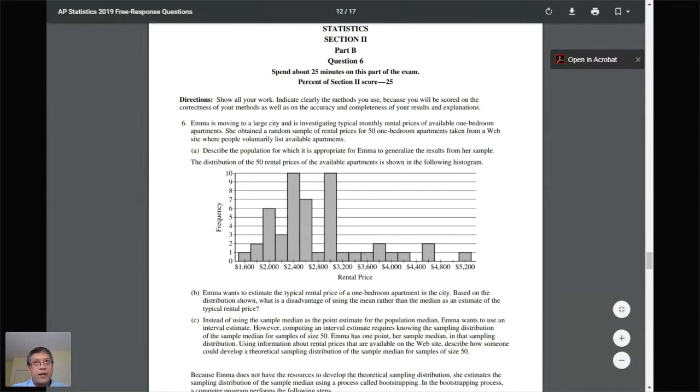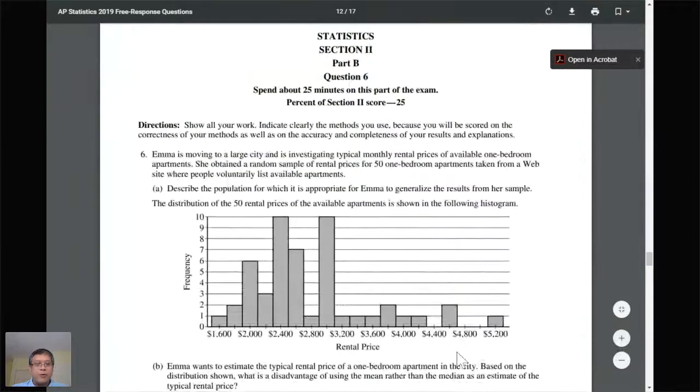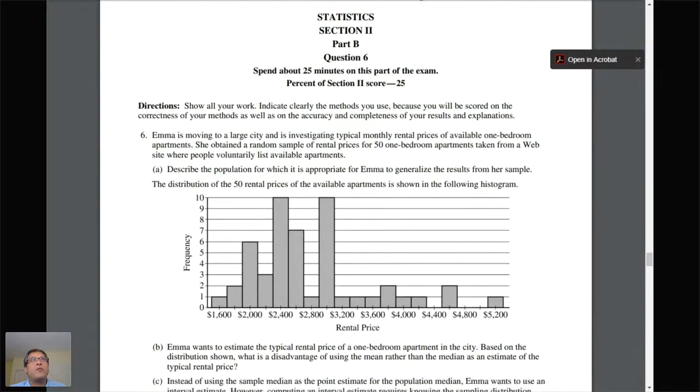So question 6 always consists of a couple of things that you know how to do, and then a couple of things that are new. In particular, if you're looking at writing the answers to 6A and 6B, we're looking at this graph here, and you want to know what it is a graph of.